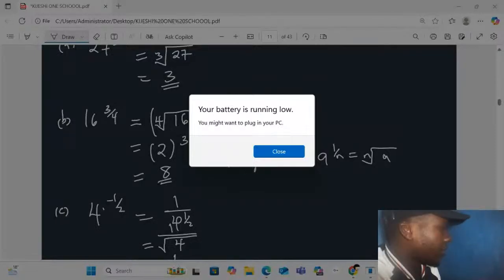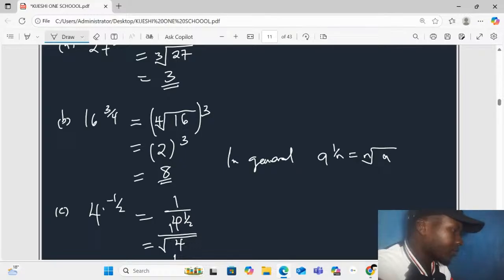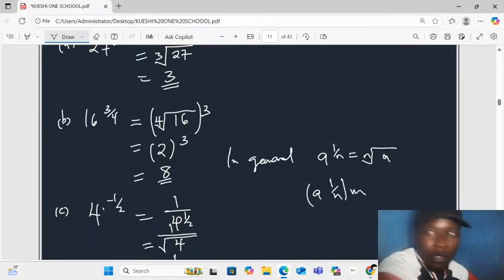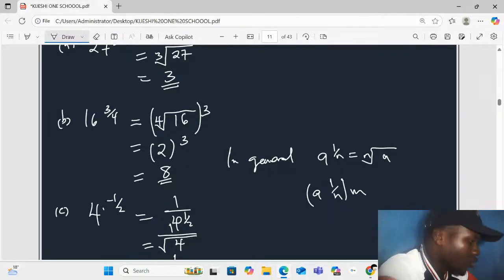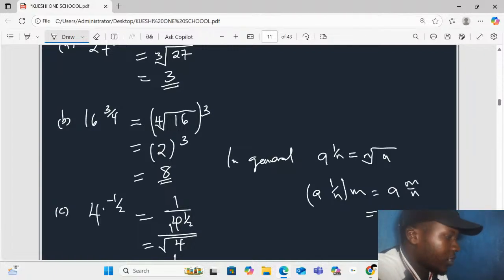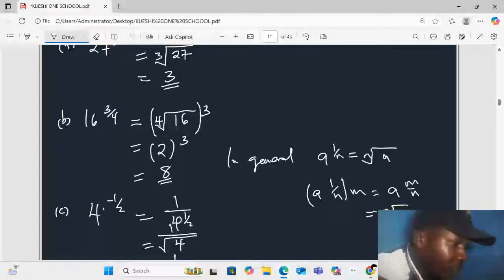Then we have another one. We have A to the 1 over n, then m, A to the m over n, which is the same as the nth root of A raised to m.